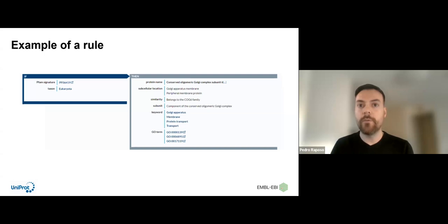We are going to see later what the signatures are in more detail. And at the end, the TrEMBL entries that meet these two conditions are going to automatically get the annotations on the right panel. So they are going to automatically get this protein name and this subcellular location, etc. So this is how rules work in UniProt.